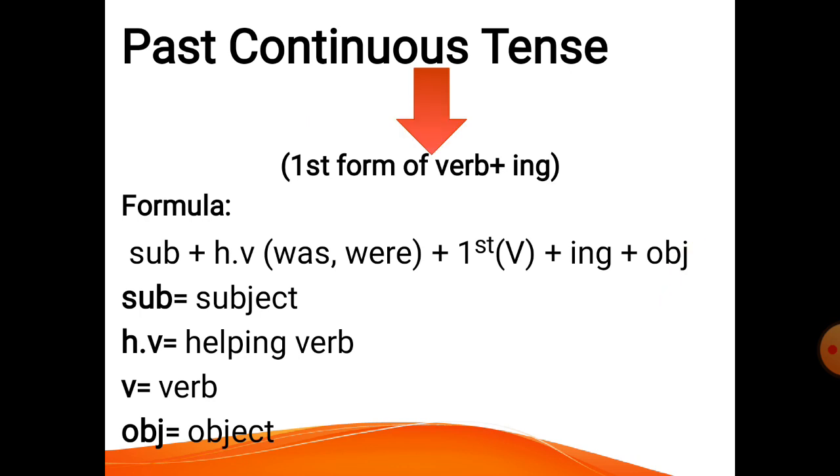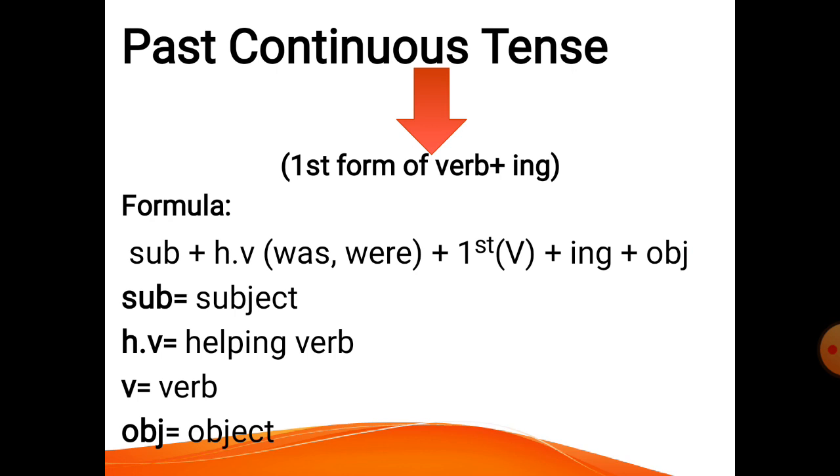Past continuous tense. Students, if you have understood the previous lecture, I told you that the word continuous means you have to use first form of verb plus ing. Whenever you see the word continuous, you will be using first form of verb plus ing, either in present continuous tense or past continuous tense. The formula that I have made for it is subject plus helping verbs was and were plus first form of verb plus ing plus object.